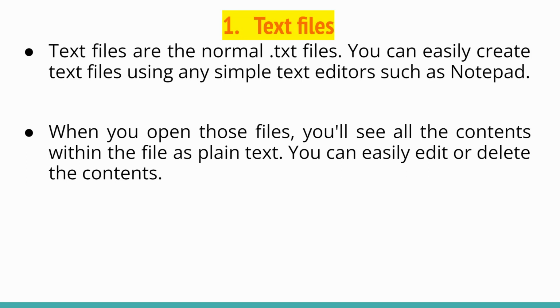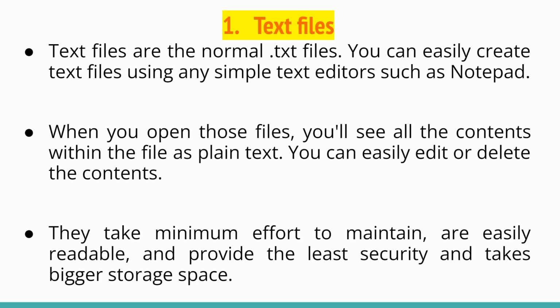Text files are usually written in plain text, for example in English, you write some content and you can save it easily. The third thing is they take minimum effort to maintain and they are easily readable because humans easily understand plain text. But the main disadvantage is they take more storage and provide fewer security features. So you need to remember that.